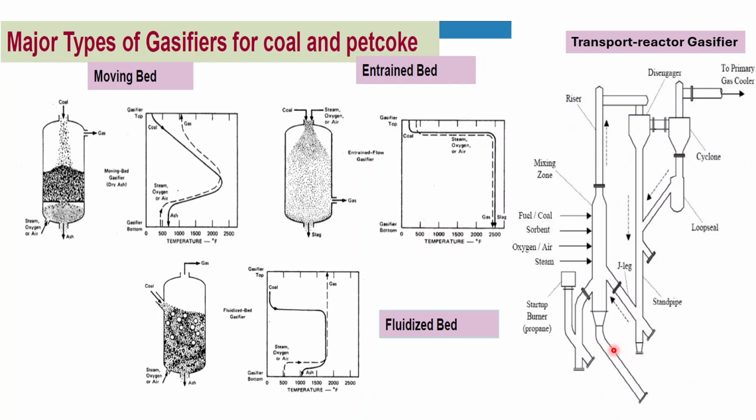Here fluidized bed formation takes place, and due to the flow rate of the oxygen and steam, this oxygen and steam along with the coal sample goes up in the riser, and from here falls down below in the form of an entrained bed.